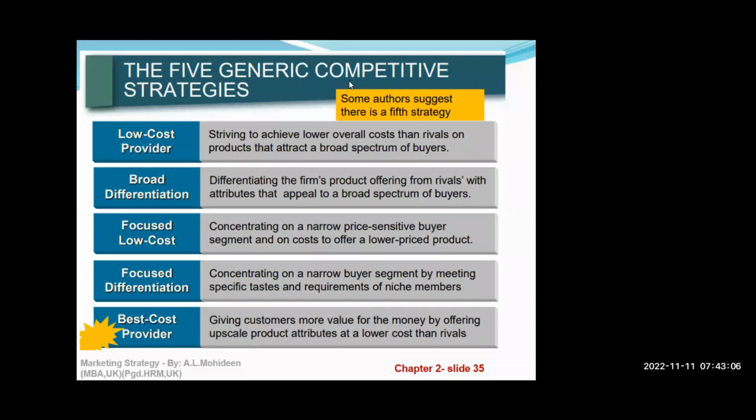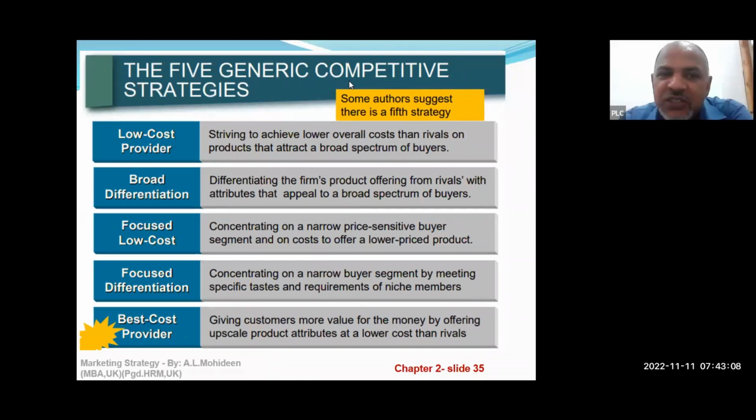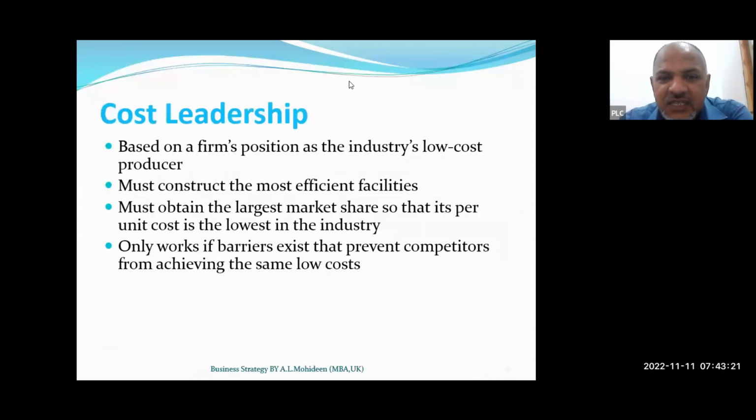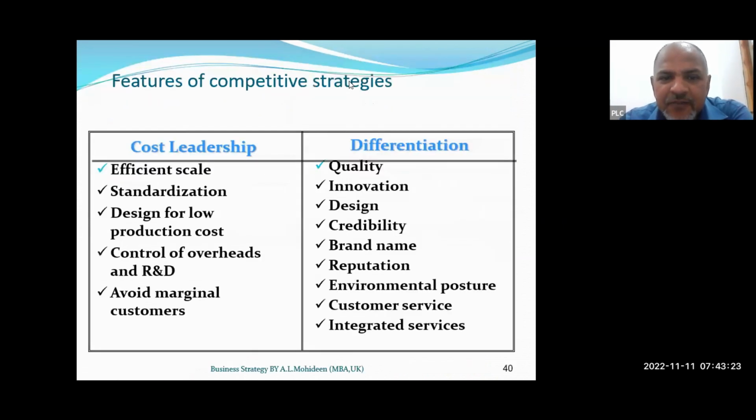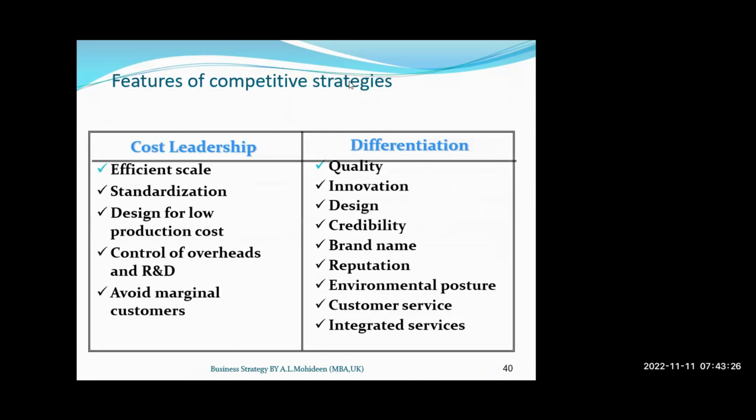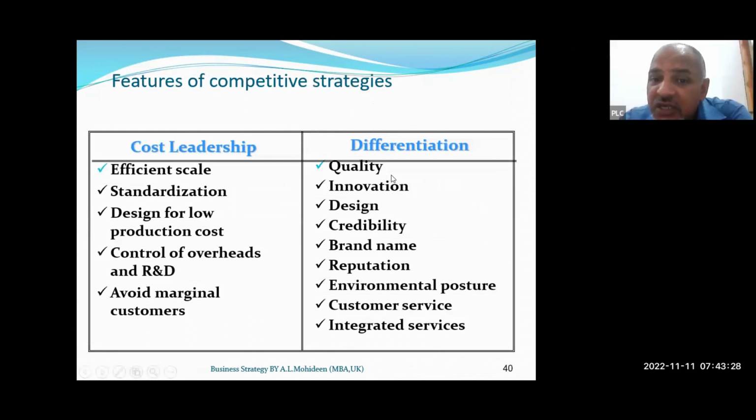Do you understand the strategic role you are going to have as a manager? The organization takes this strategy, so what is your role? You are going to go for it in your procurement process in this way. You should have the connectivity, right? Clear? When you are talking about differentiation, you are going to go for quality, innovation, and design that should be different and unique.